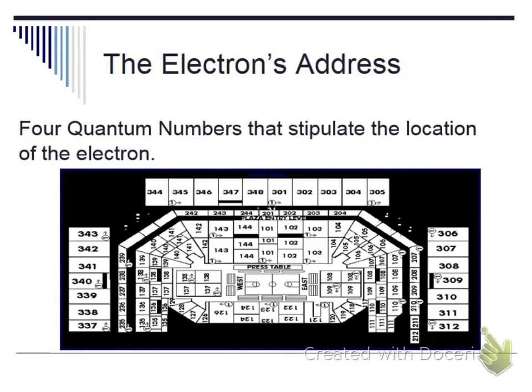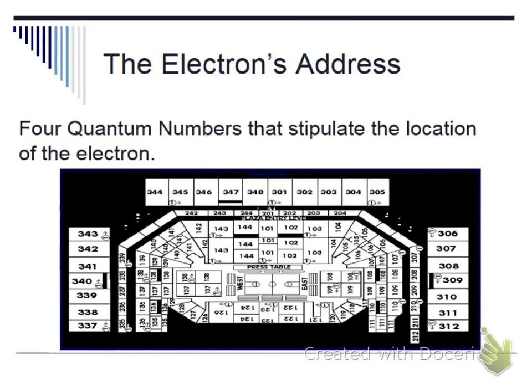It'll tell you what level you're on, what section you're on, what row, and then your seat number. No one else has those same 4 numbers on their ticket, correct? They might have the first 3 the same, but their last one is the seat. That's your seat, nobody else's seat. It's the same way for an electron. The electron's quantum number is its seat, basically, in the atom. And so that's what we're going to talk about.